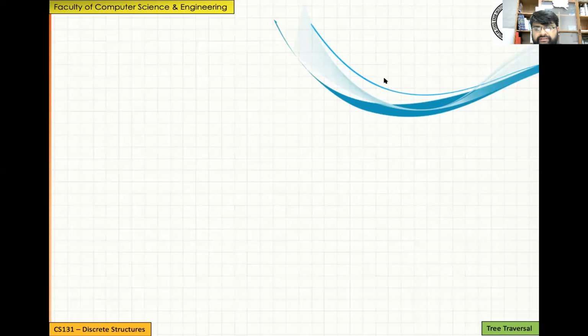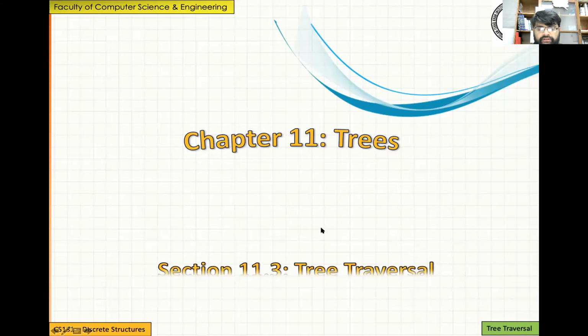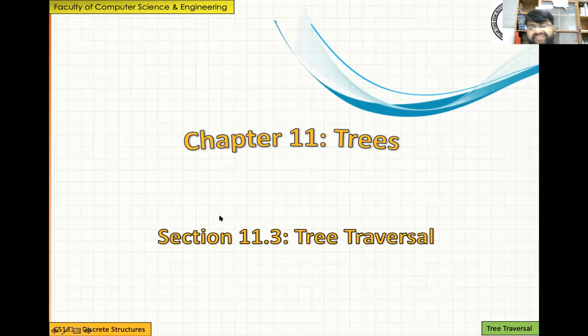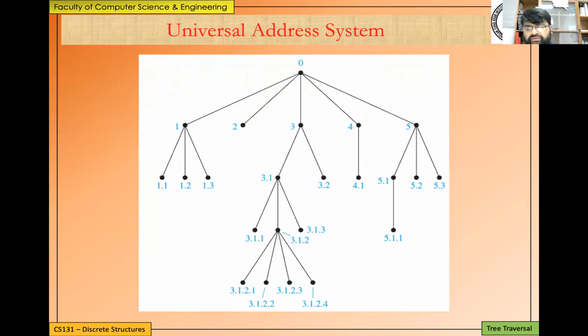So this is what a tree traversal is about. When you talk about traversing a tree, how do you move through a tree? There are some very important concepts. The first is the universal address system. For example, when you're writing a lecture or a book chapter, you start with the introduction, and then you have section 1, section 2, 3, 4, 5.